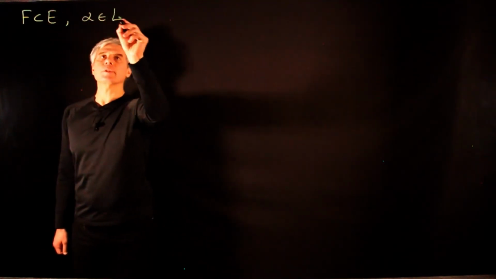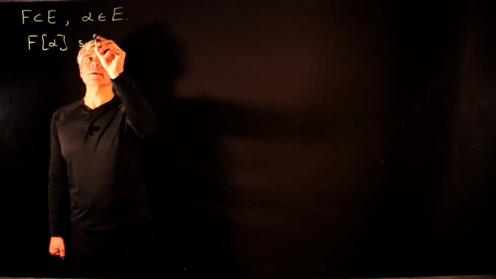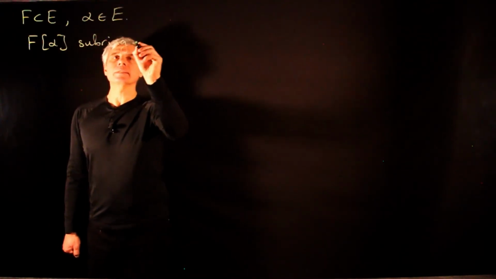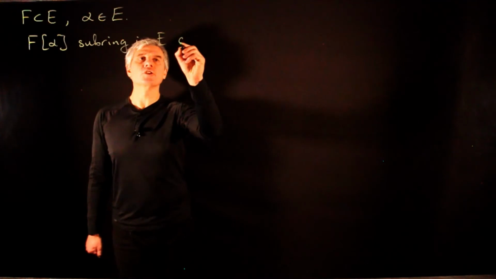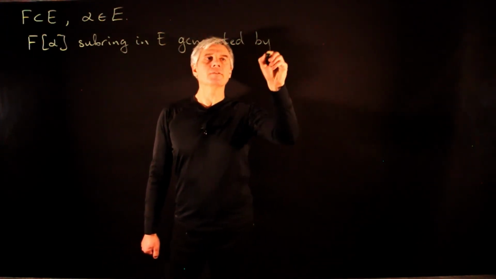Suppose we have a field extension and alpha is an element of E. We will distinguish between the following two objects. So F[alpha] will be the subring in E generated by alpha.